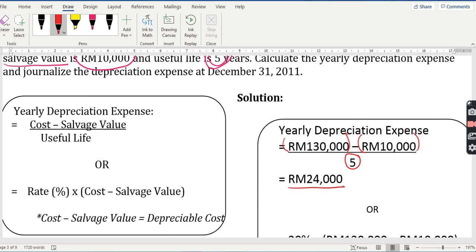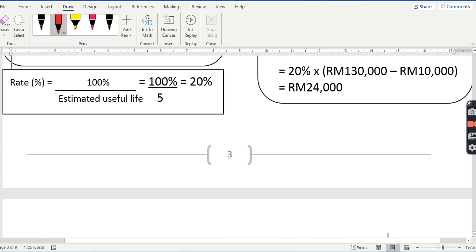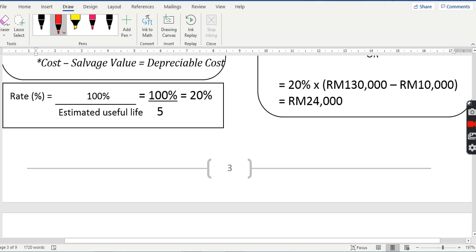You can also use the information given to find the percentage to calculate the depreciation. As you know, the estimated useful life is 5 years, so we take 100% and divide by 5, and we get 20%.